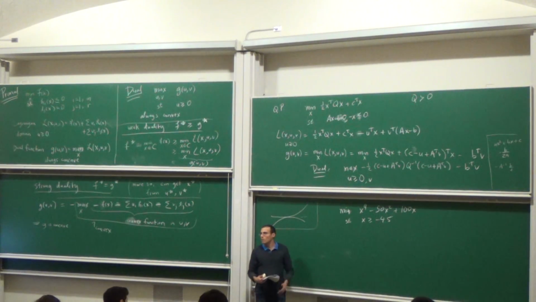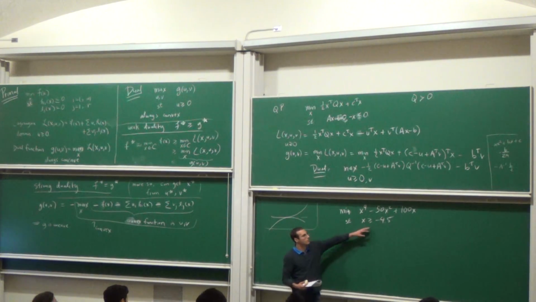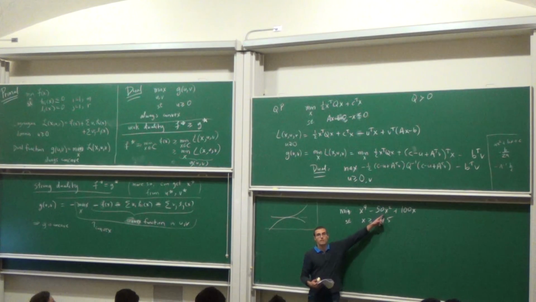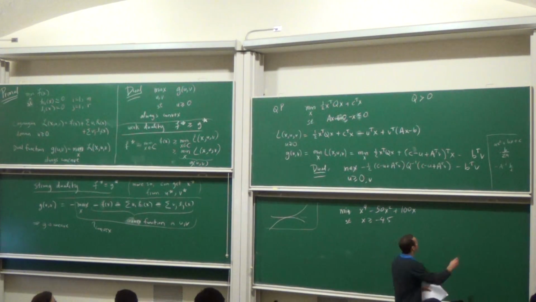Is that a convex problem? Or when is that a convex problem? It's hard to say with this constraint, so forget about the constraint. Is that a convex problem? It's not, right? Because of this term. It can't be. And if you plot this function, you're going to see it looks like this.